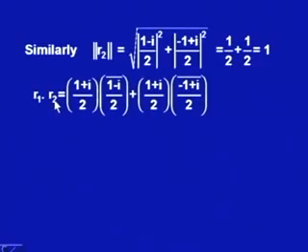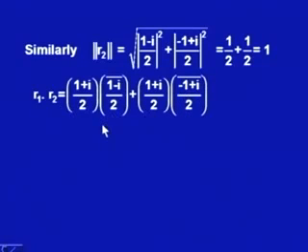Now, R1 dot R2, that is the inner product of R1 and R2, it is (1+i)/2 multiplied by (1−i)/2 and its conjugate, plus (1+i)/2 into (−1+i)/2 and its conjugate.